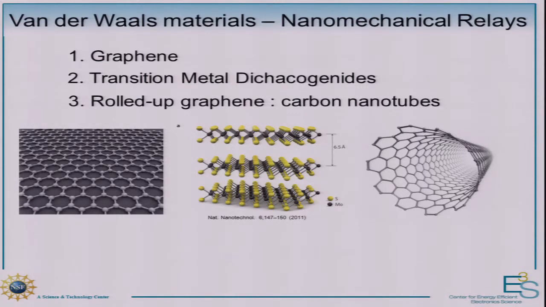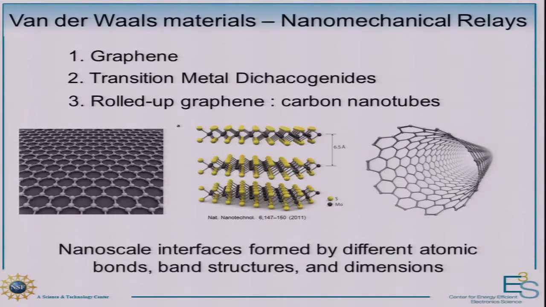However, molybdenum disulfide is a rather large band gap material, with about a 1.9 eV band gap. And carbon nanotubes, depending on the chirality, can be either metallic or semiconducting, with different band gaps depending on the dimensions. So what we would like to look into is the nanoscale interfaces formed by different atomic bonds, band structures, and dimensions, and really compare what's happening at those interfaces for different materials.